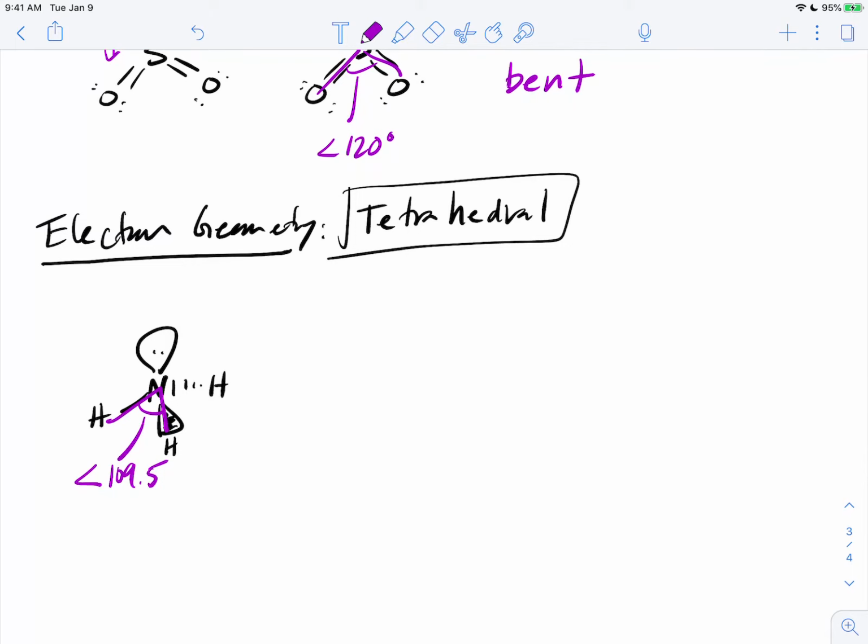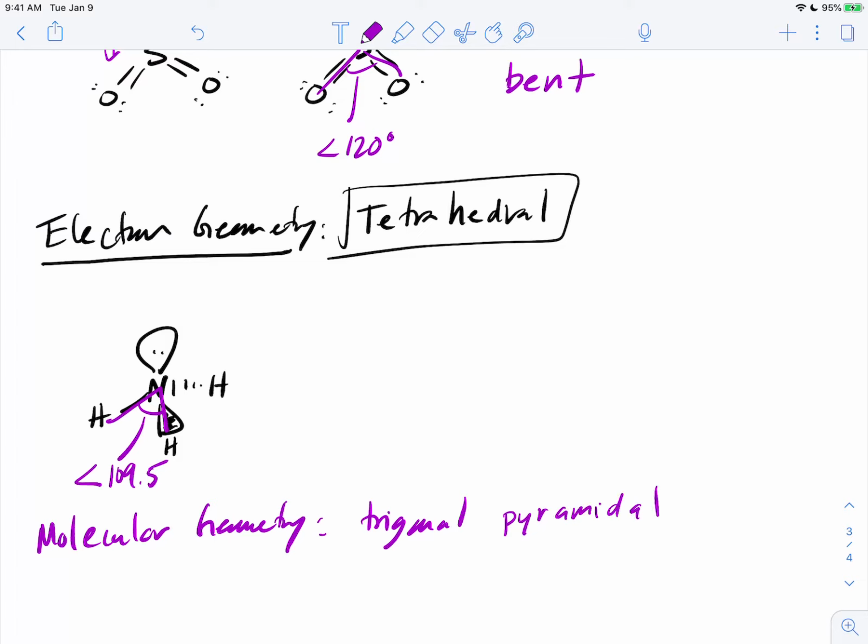Now, the molecular geometry here is trigonal pyramidal. Some older texts will say trigonal pyramid, but trigonal pyramidal is the more common way to say it.